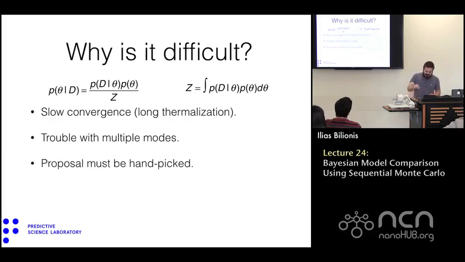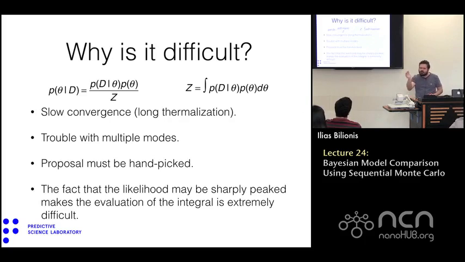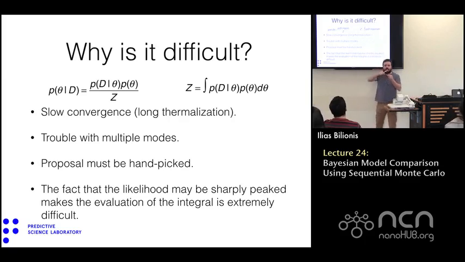The proposal of MCMC must be handpicked. You have to pick that sigma or tune it, and it's easy to tune it for simple cases, but it's extremely complicated for higher dimensions. And the other thing that makes this integral very difficult to calculate is that the likelihood is most of the time sharply peaked at specific points, and it's mostly zero everywhere else.